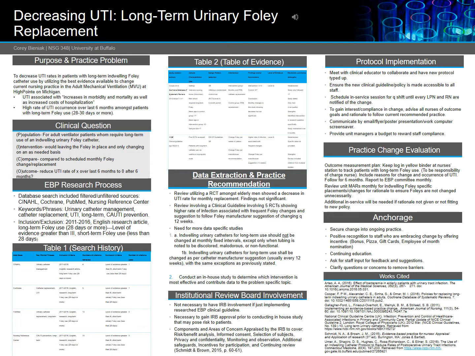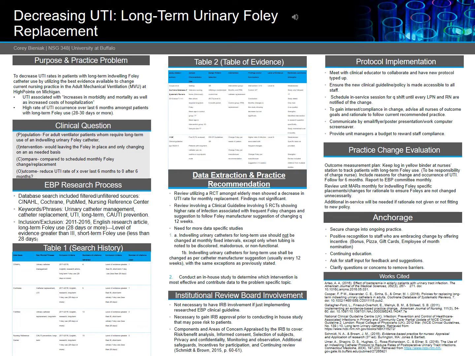The second separate recommendation is to conduct an in-house study to determine which intervention is most effective and contribute data to the problem-specific topic. Now, as far as institutional review board involvement, it is not necessary to have IRB involvement if just implementing the researched evidence-based practice clinical guideline.